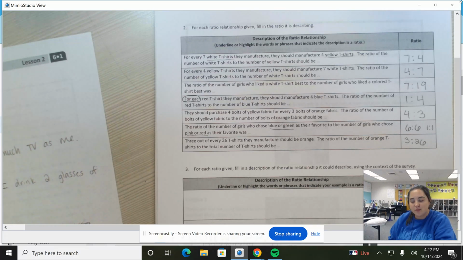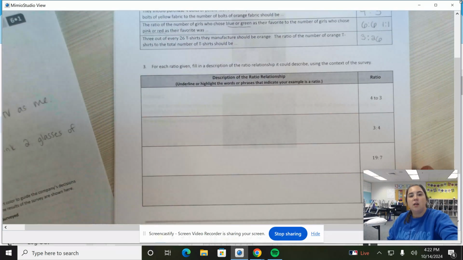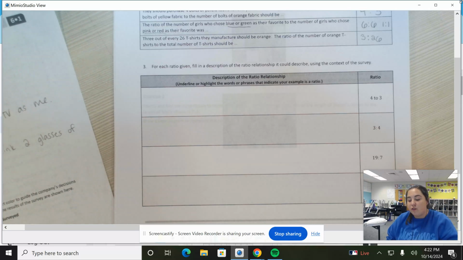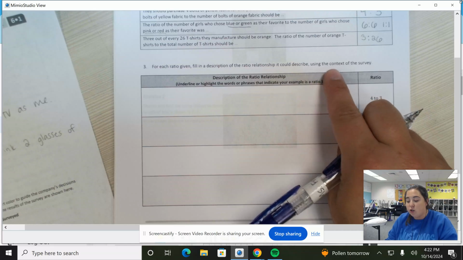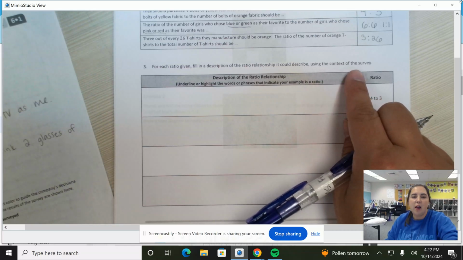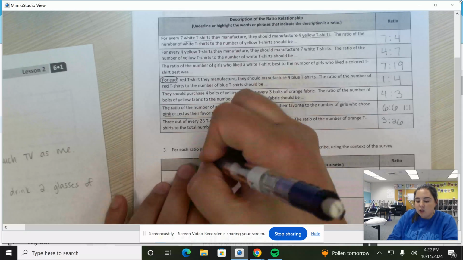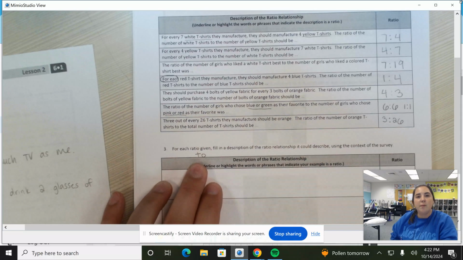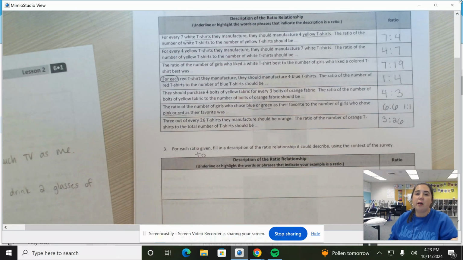How'd that go? We have our second part down here. Now it's saying for each ratio given, fill in a description of the ratio relationship it could describe using the context of the survey. One thing that I think might be helpful for you is thinking about the language they used up here. Most often when you're comparing something, you would use the word to, like the amount of girls who like orange shirts to the amount of girls who like blue shirts is, and it kind of implies that a ratio is happening.